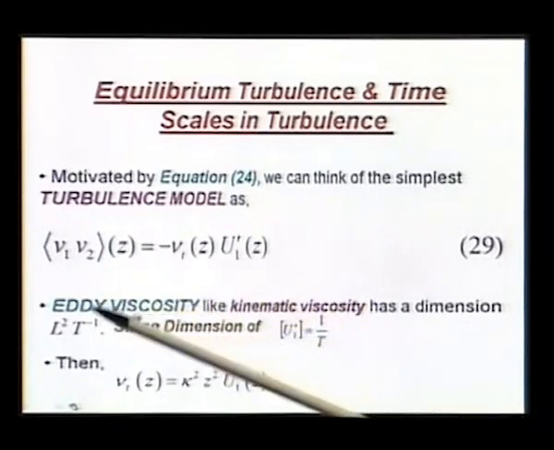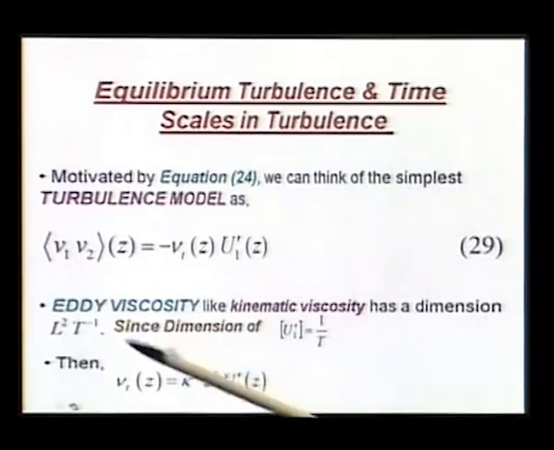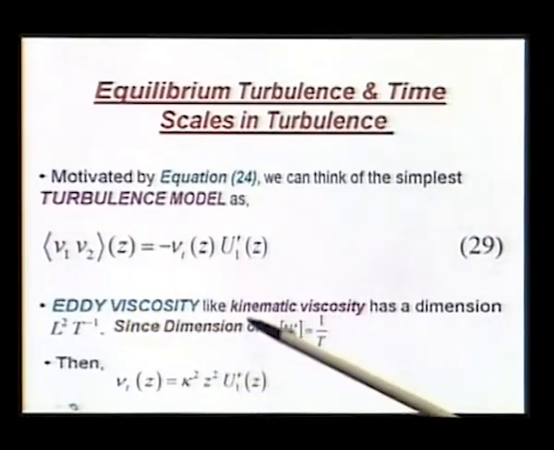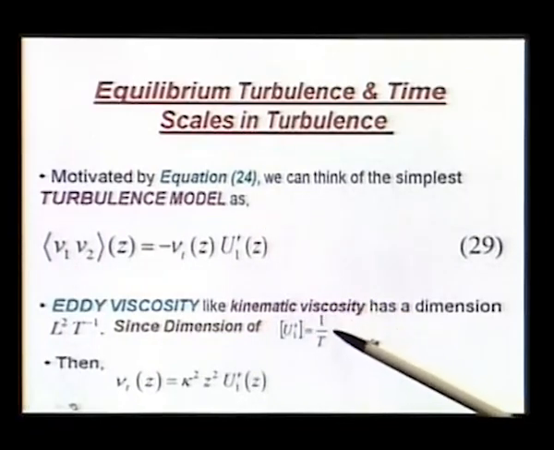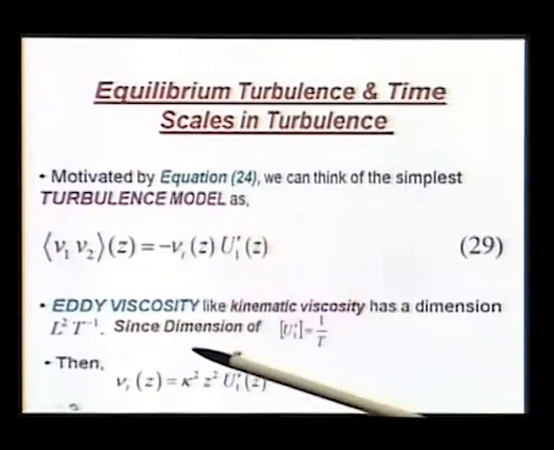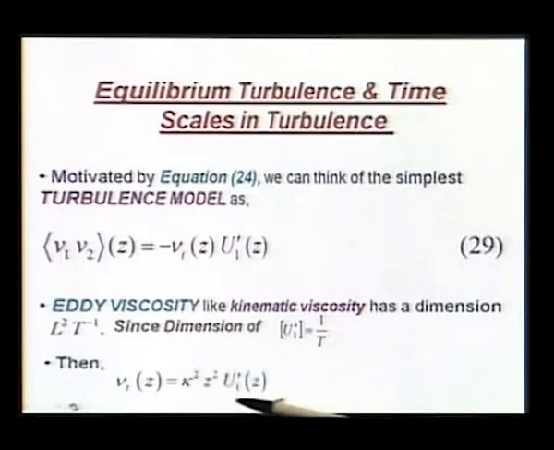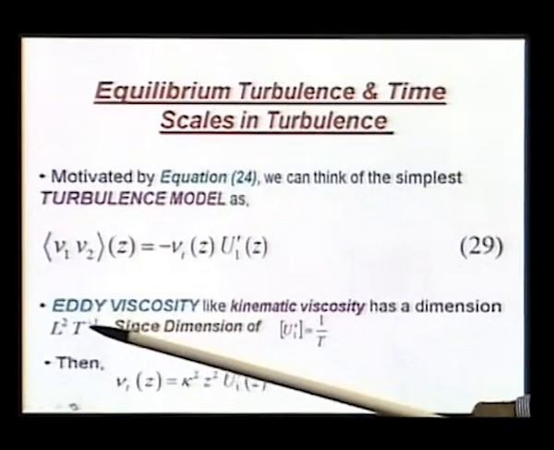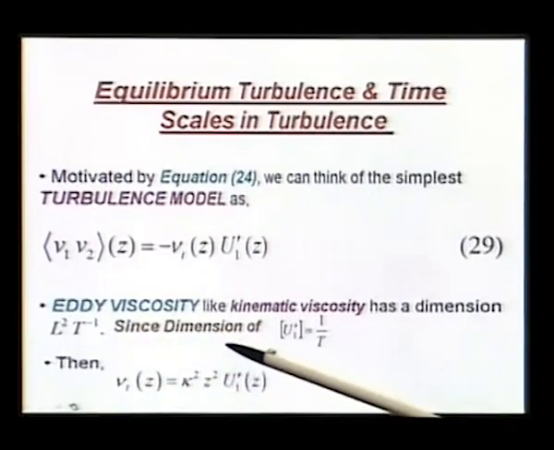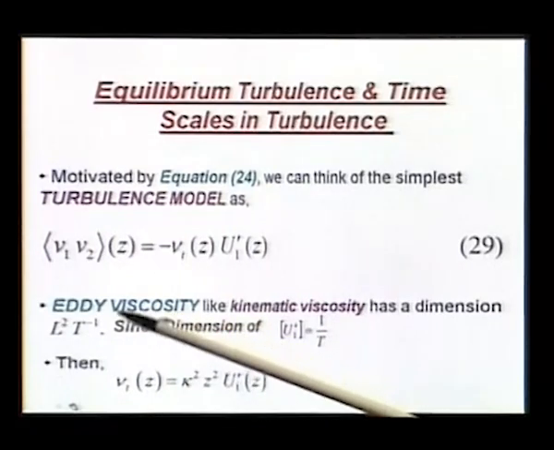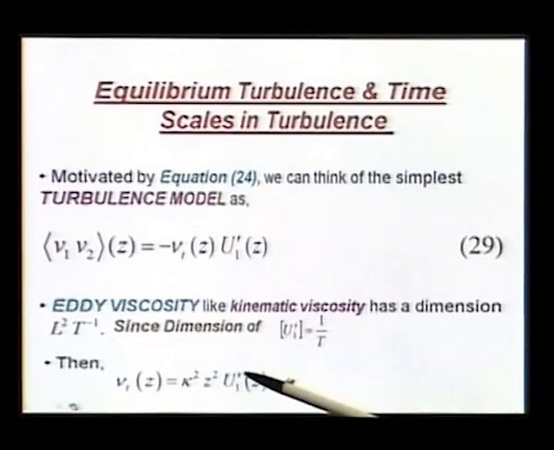Now, what is the dimension of eddy viscosity? It is area per unit time, right. So, that is L squared T to the minus 1. What about the dimension of this? The dimension of this du/dz is 1 upon T. So, then this must have this kind of a dependence, because if I want to have this dimension as L squared T to the power minus 1, then the L squared part comes from here, z squared, and T to the power minus 1 comes from this, and they are proportional.